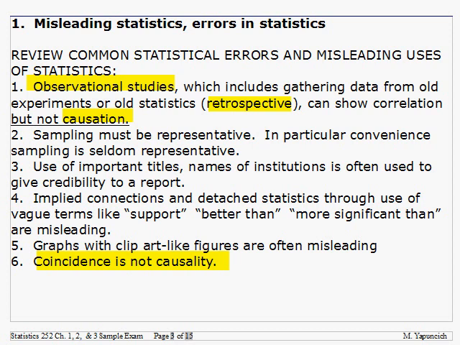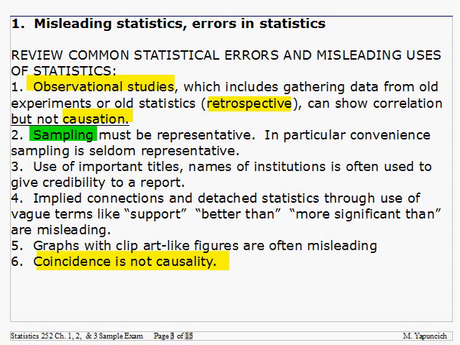The second big problem with misleading statistics is that the sampling is not representative. There's a classic example of the Liberty Magazine poll showing one presidential candidate winning over the other, and it wasn't that way.